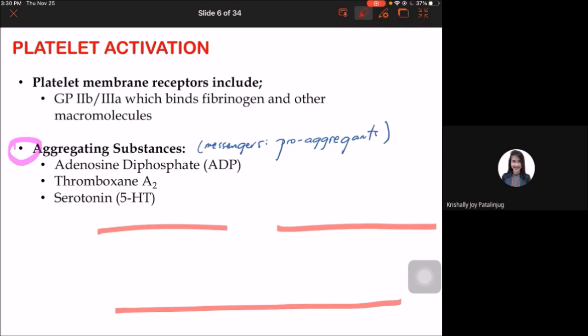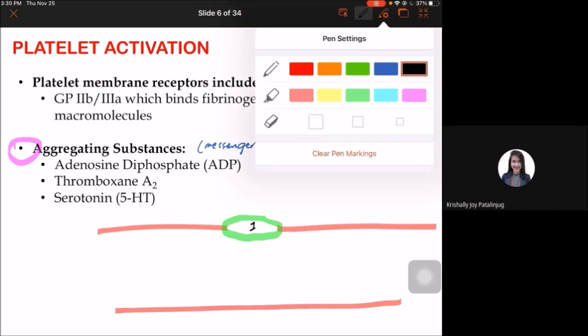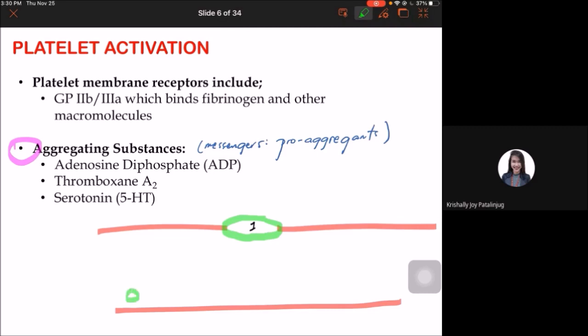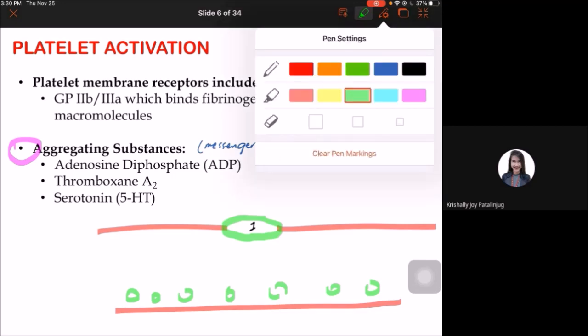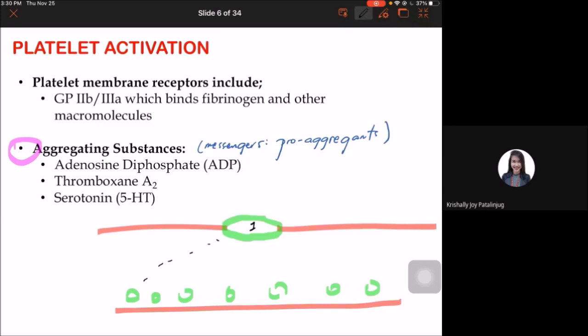Blood vessel. Okay, so you have a blood vessel and then yung kulay green ulit, initially adhered, no? Ito yung platelet number 1, initially adhered platelet. And then we have here, these are the other resting platelets. So ang gagawin ng initially adhered platelets, it will secrete messengers, okay, like the TXA, thromboxane, ADP, serotonin.